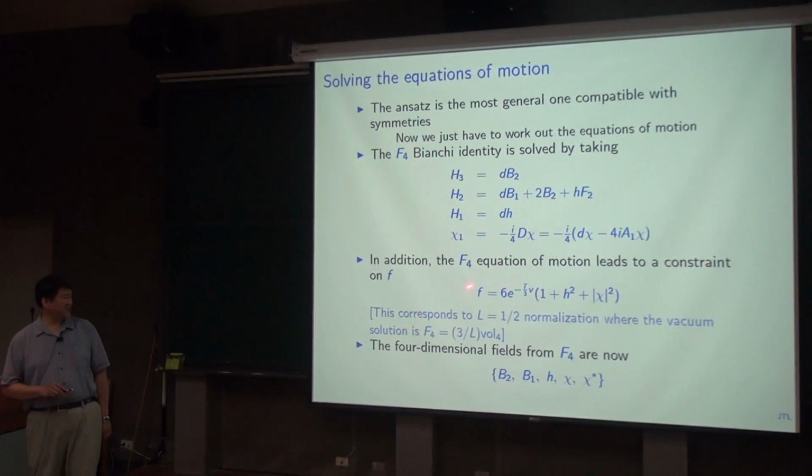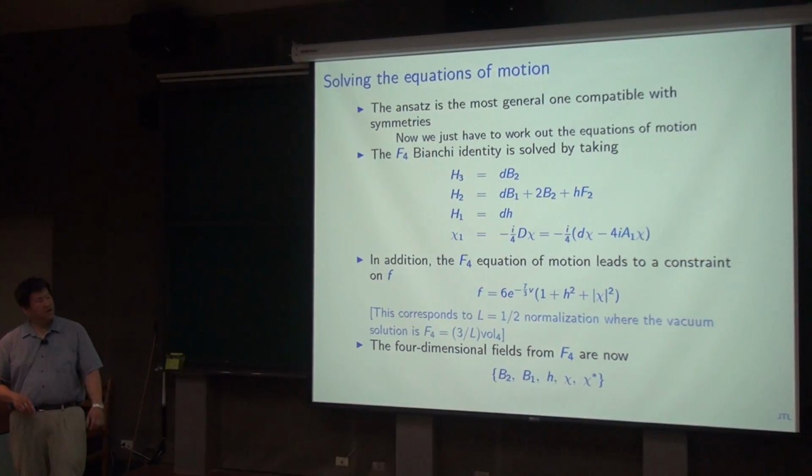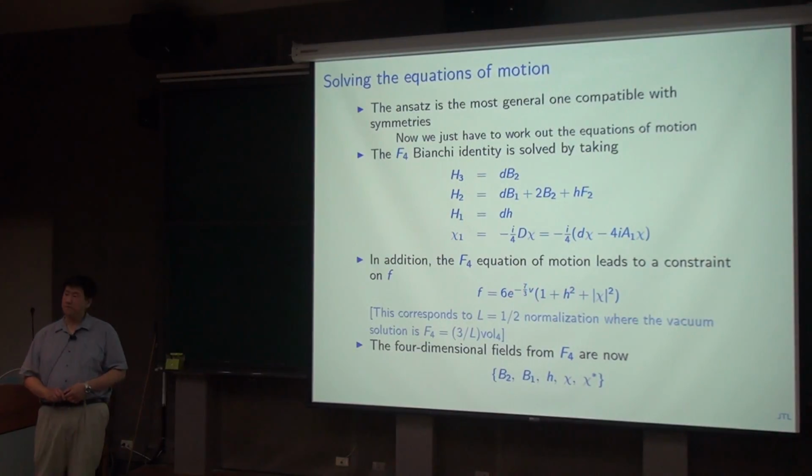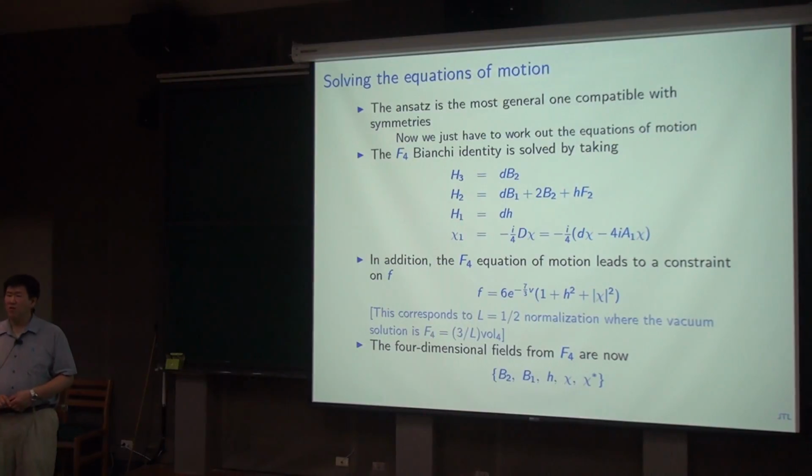So you can see this is a generalization of the Freund-Rubin ansatz. F equals 6 as a constant is Freund-Rubin. Turn on the breathing mode, and then turn on some additional scalar modes as well.